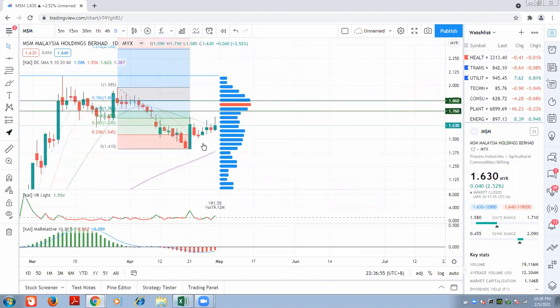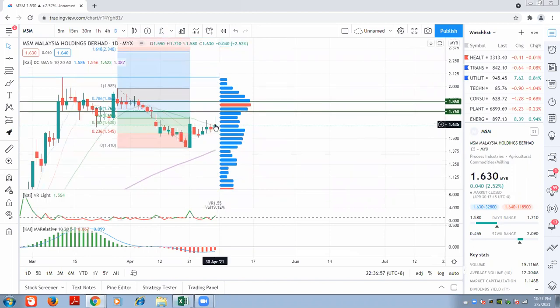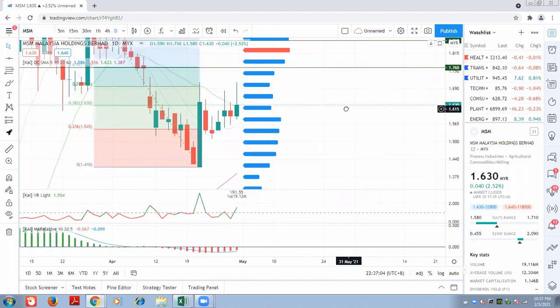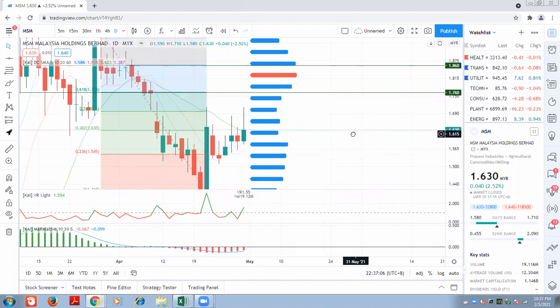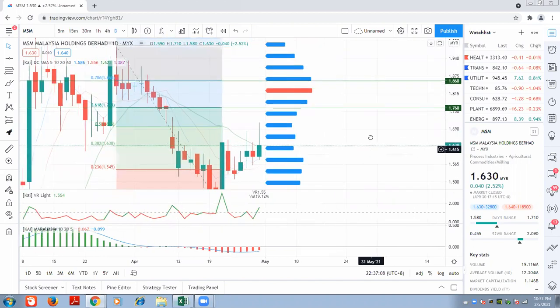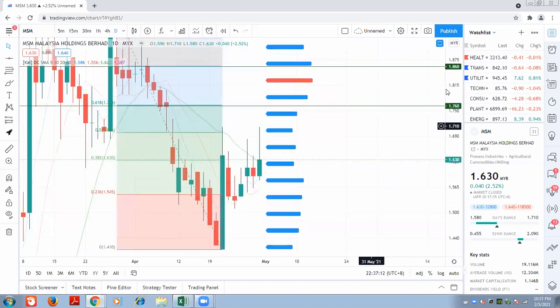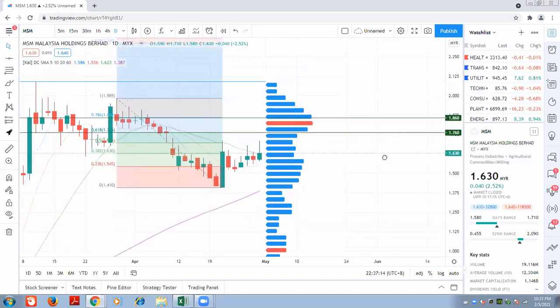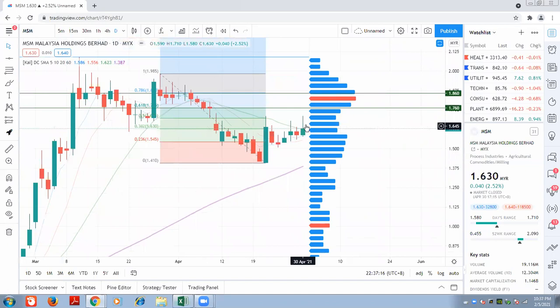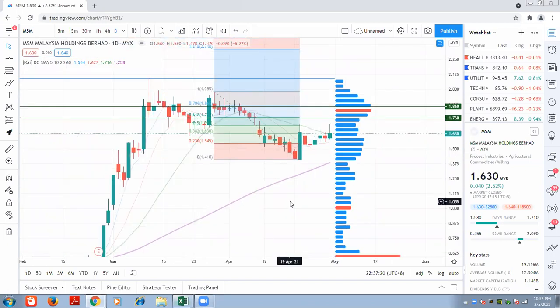Okay, break MA. MA what? This one, the tiny line. MA5, MA60, and MA20. This one is MA20. It tested on MA20, so the stock will be good.